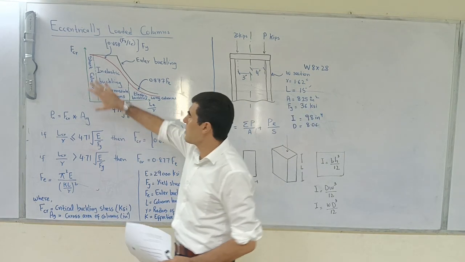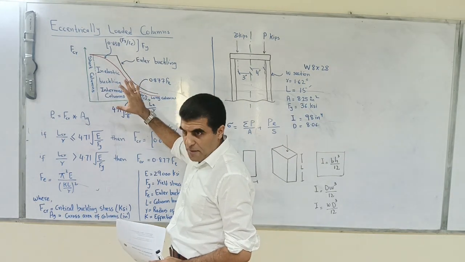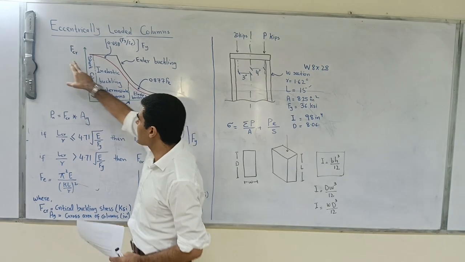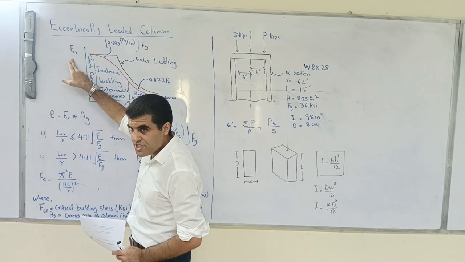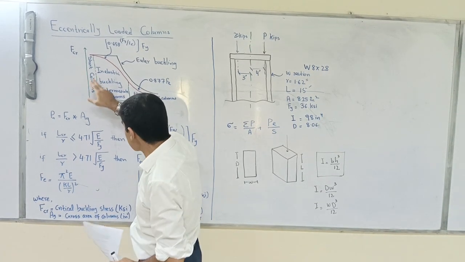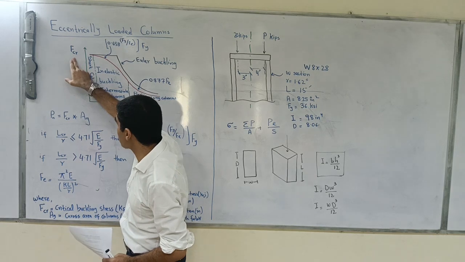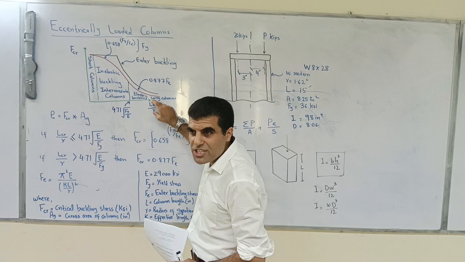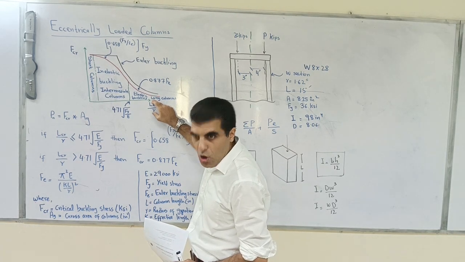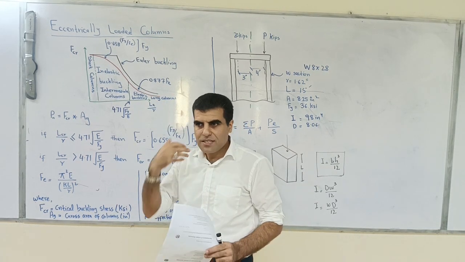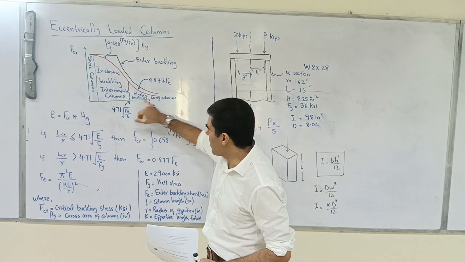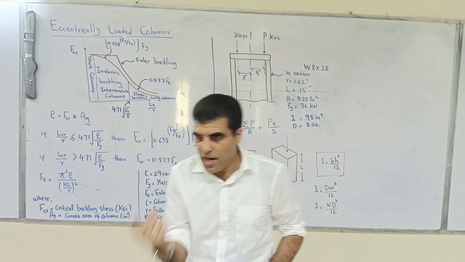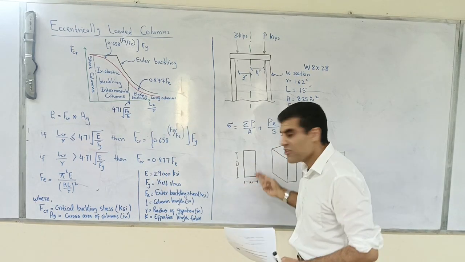Now this figure is familiar to you. This figure is drawn between the critical buckling stress, which is FCR, and the slenderness ratio, which is LE by R. As I told you, buckling is actually a function of three things: length and both the dimensions.